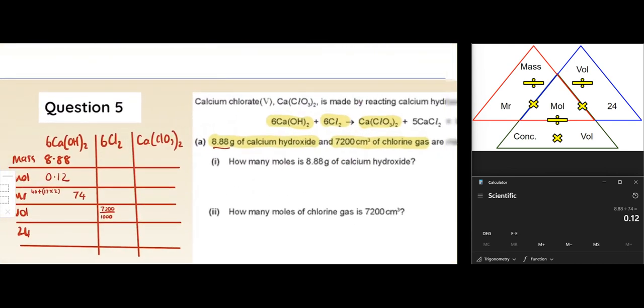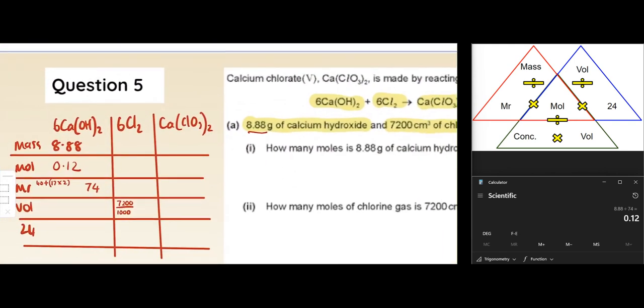Now, we could say, well, then we make 0.12 moles of that, but that's not the case, because it's already told us we've got 7,200 centimeters cubed. So in this case, we need to work out how many moles of chlorine we actually have. We do that by doing 7,200 divide by 1,000.